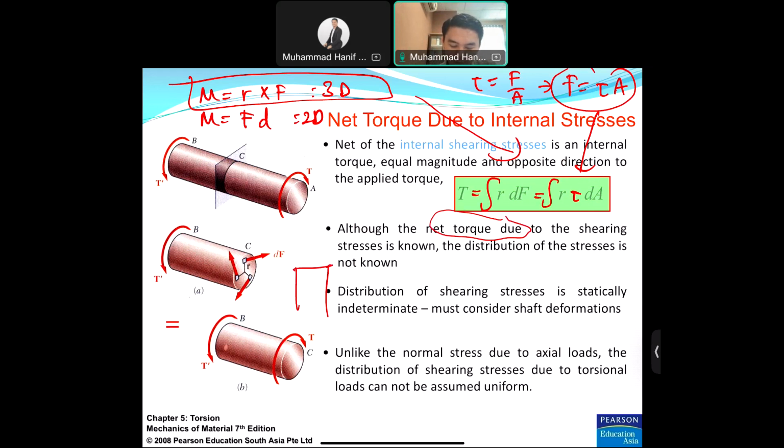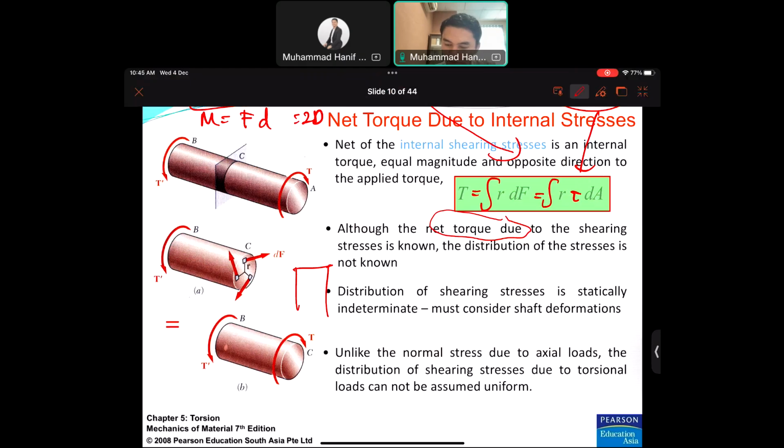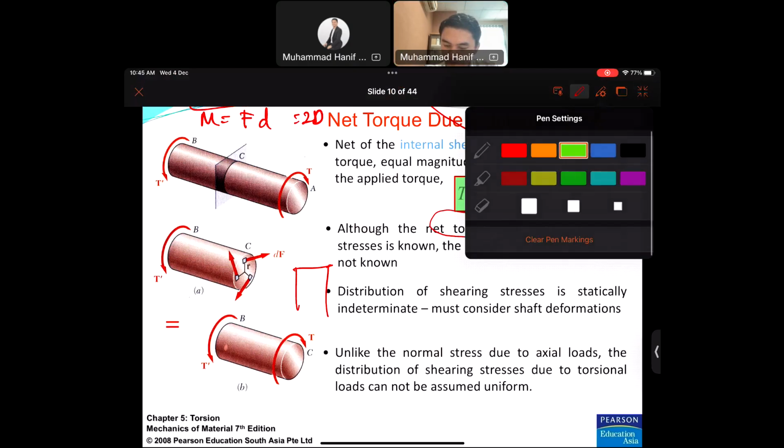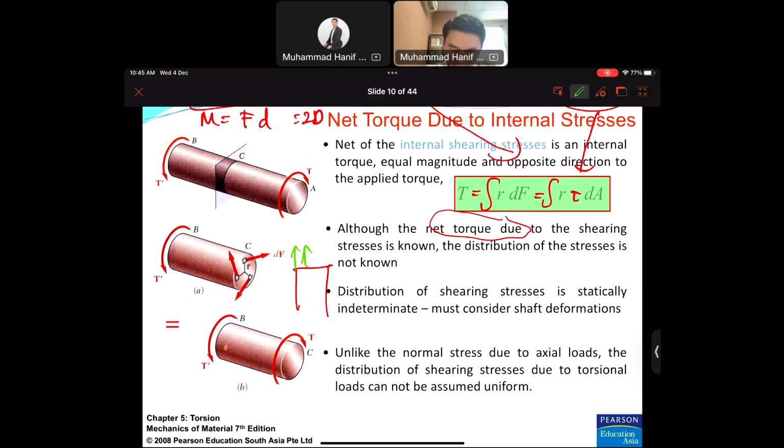Let me draw 2D here. Let me change the color. For the axial load, every single point here has the same stress, stress 1, stress 2, similar.